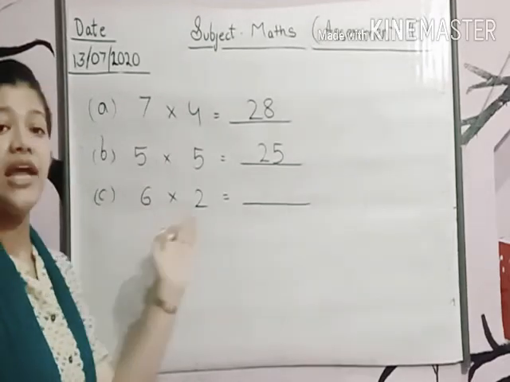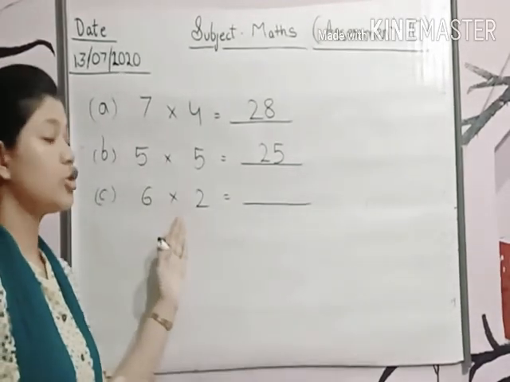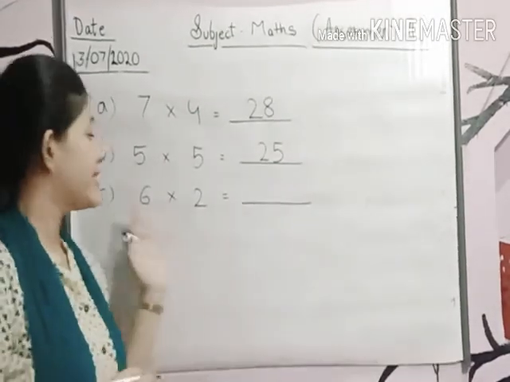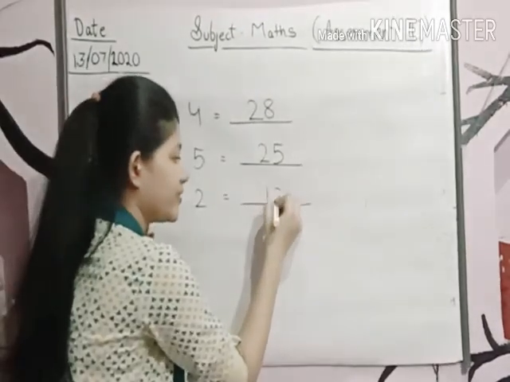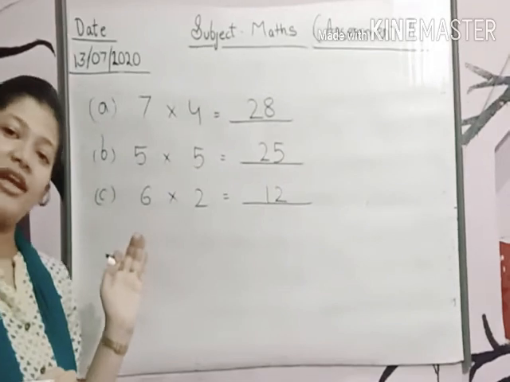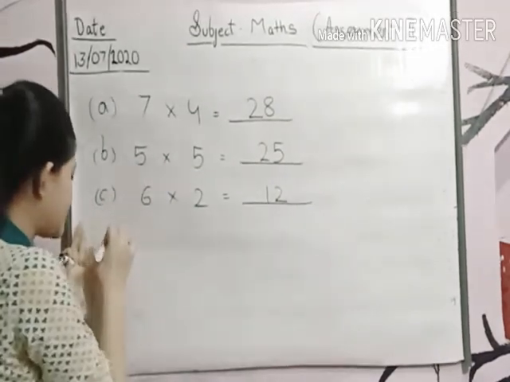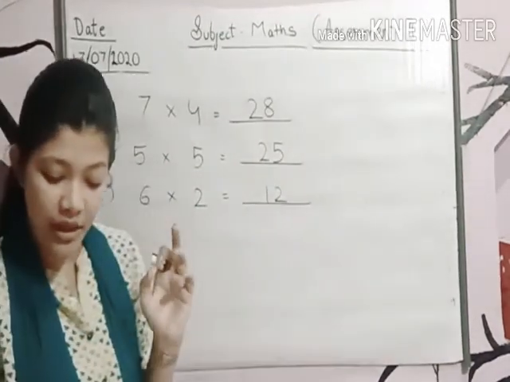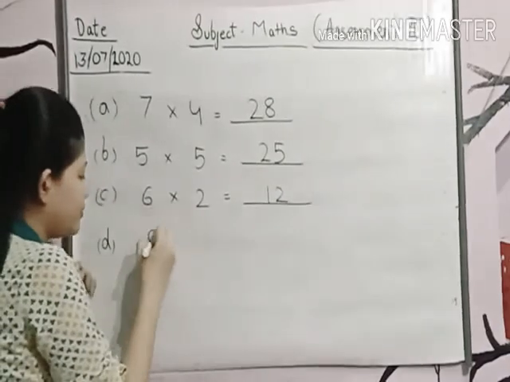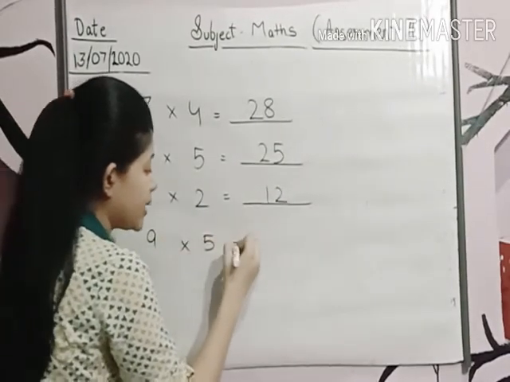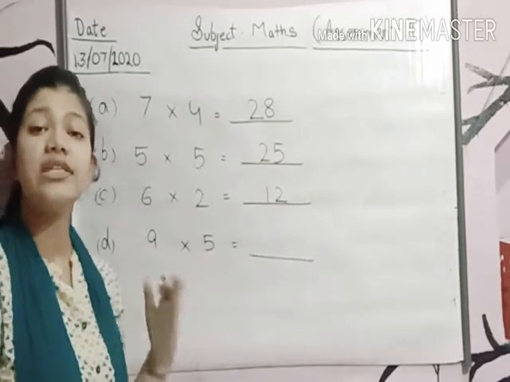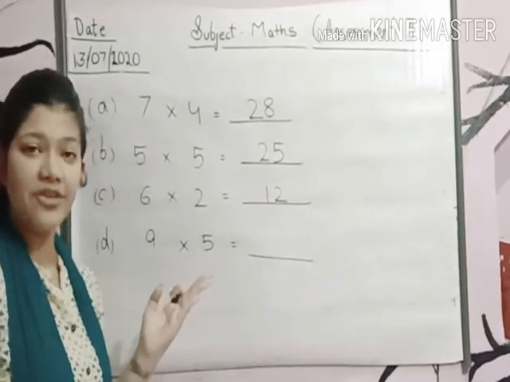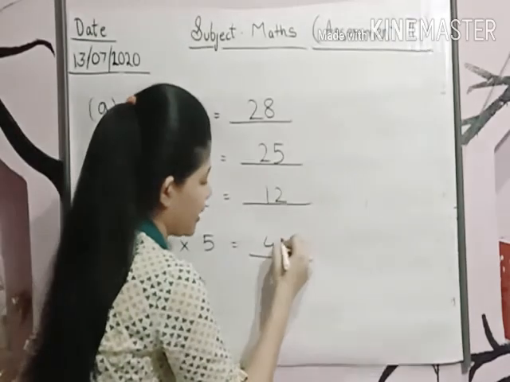Now tell me, how can we read this? 6 into 2 can be read as 6 2s are 12. Yes? Clear? Now let's come to the next part, that is question D. 9 into 5 is equal to dash. Now tell me, 9 5s are 45. Yes? Okay.